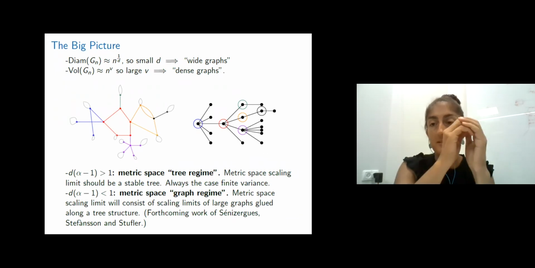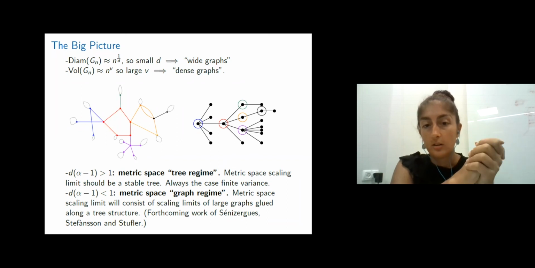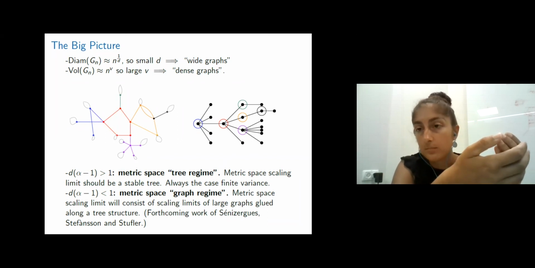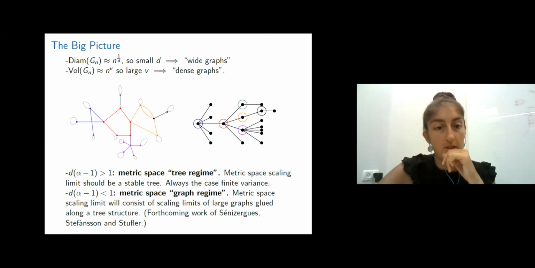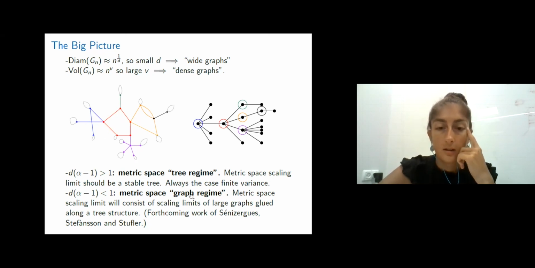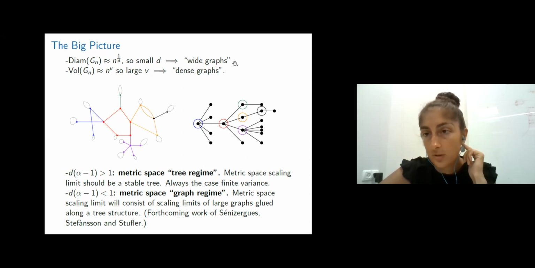So basically you can insert graphs that are not too spread out, and then they won't have much effect on the exponents for the tree. So you have a tree regime if D is big enough. If D is small, on the other hand, then the graphs are spread out, and you can really affect the geometry, and somehow the local graph geometry dominates.